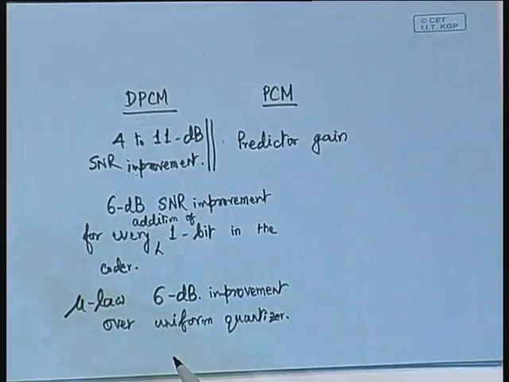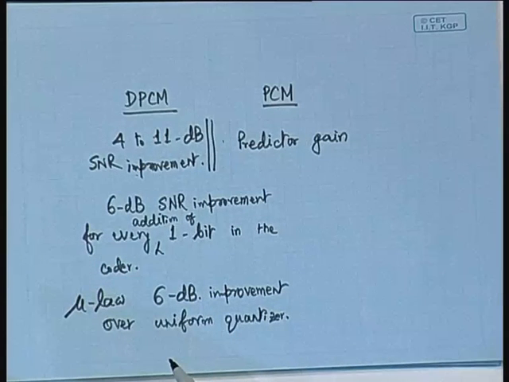Predictor gain is because of the signal correlation between adjacent samples, whereas this improvement is because of the increase in the number of quantization levels, and mu law gives you another 6 dB improvement.